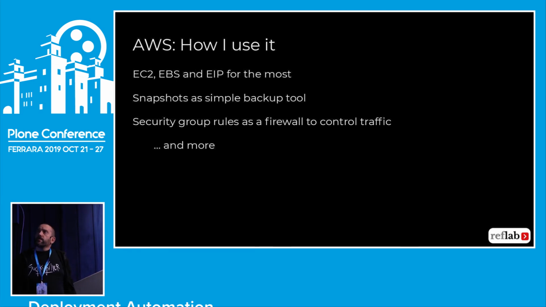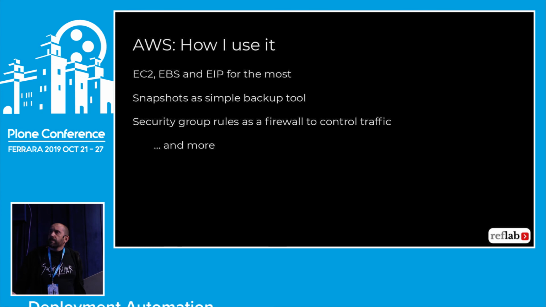What I use about AWS is mostly EC2, EBS, and EIP. So the virtual machine, the virtual disk, and the Elastic IP, that is the system to have an internet address.